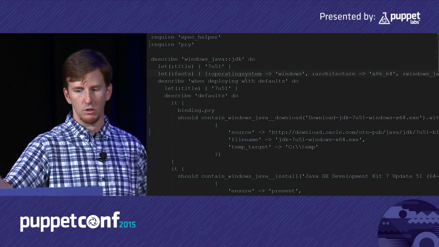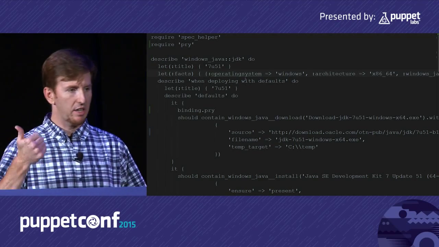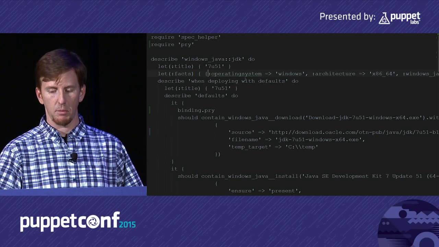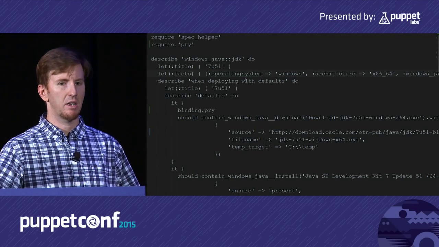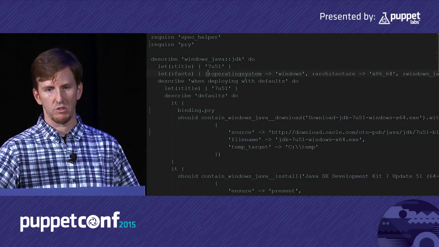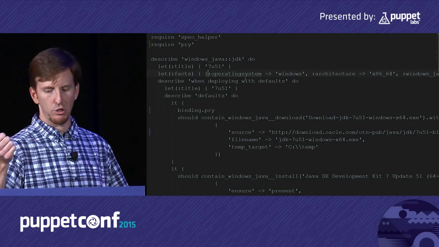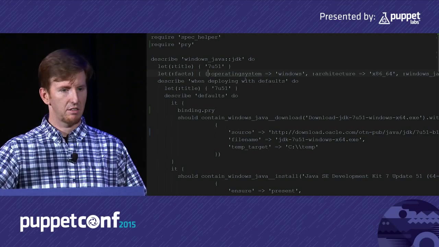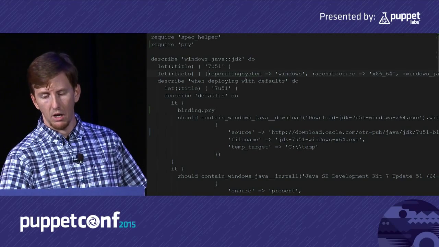The architecture as well. This is pertinent to this particular module because I determine if you are even capable of installing a 64-bit version of the JDK because, of course, if you're on an x86 version, it's not going to work.